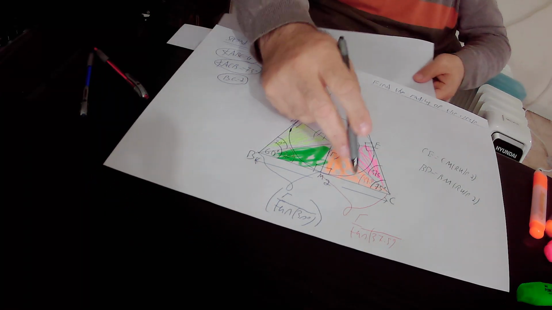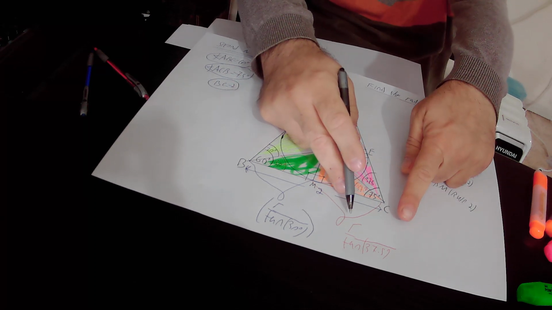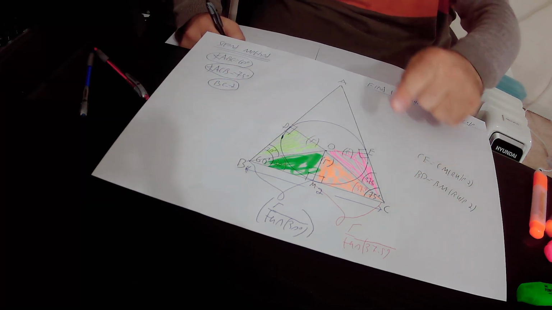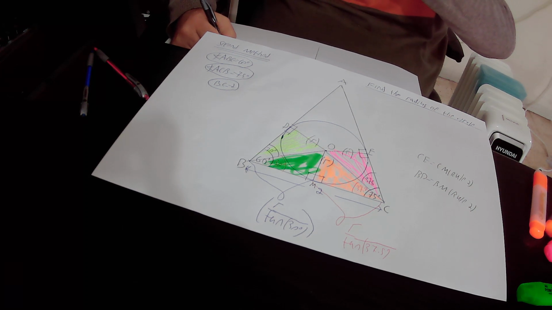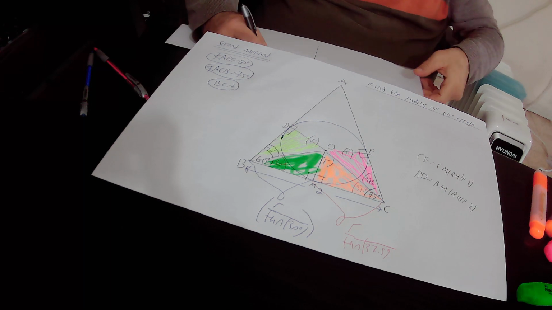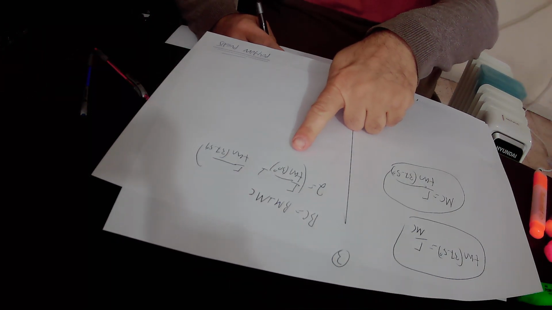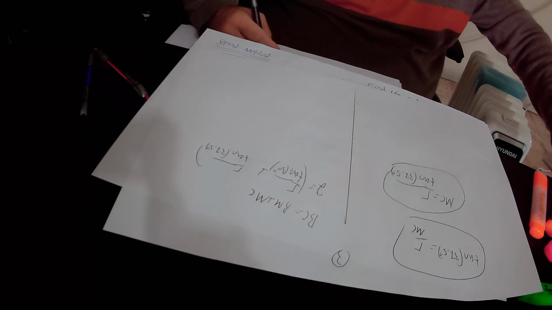We just found out that MC equals R over tangent 37.5 degrees. So we substitute MC by R over tangent 37.5 degrees. So in conclusion, we found out that 2 equals R over tangent 30 degrees plus R over tangent 37.5 degrees.